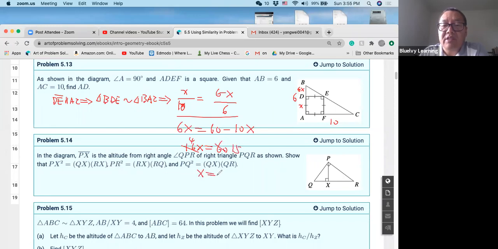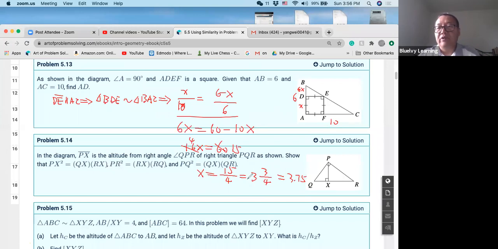So x equals 15 over 4. You can write it like this number. If you want to write a mixed number, that would be 3 and 3/4. So actually it equals 3.75.